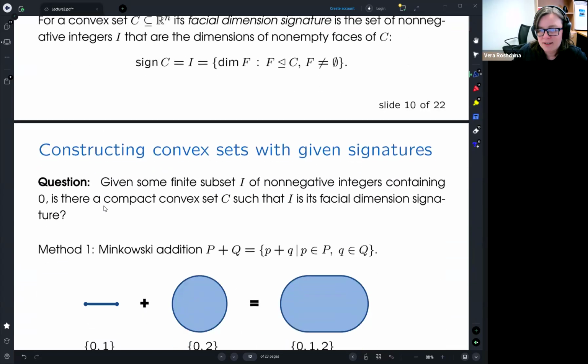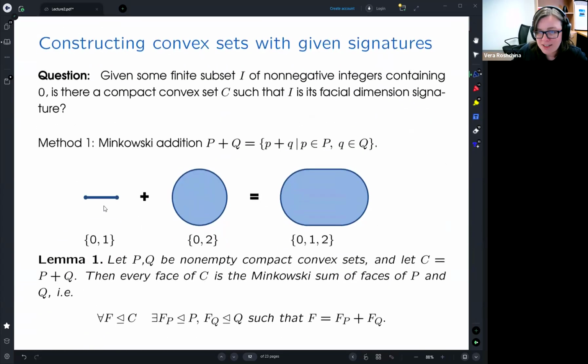Now, the question that will demonstrate how to use Minkowski sums to construct convex sets is: given some finite subset of non-negative integers, and for simplicity for this lecture I'm going to assume that the set contains 0, because then I can deal with compact convex sets alone, can I always construct a compact convex set for which this finite subset is a facial dimension signature?